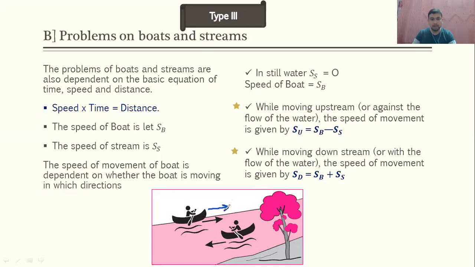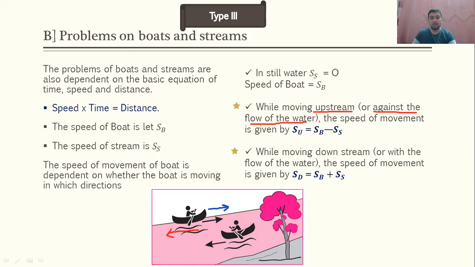And the flow of water is like this. So can we say boat and stream are in opposite direction? Or can we say boat is moving against the flow of water? So that is called upstream, against the flow of water.